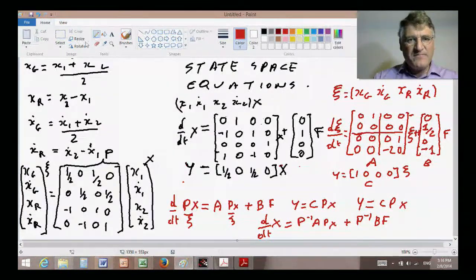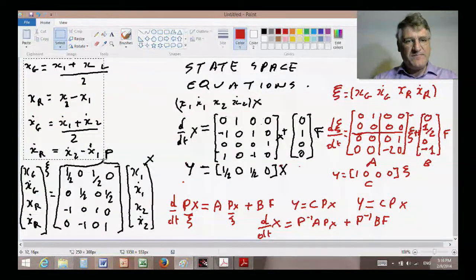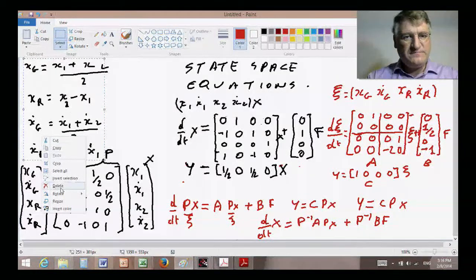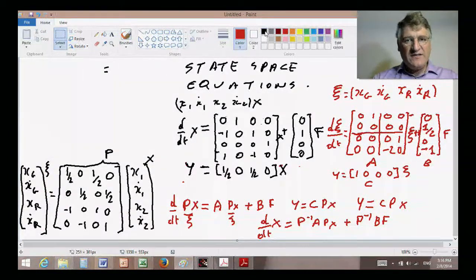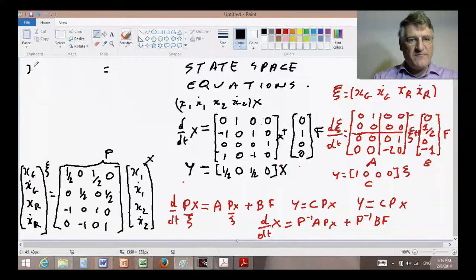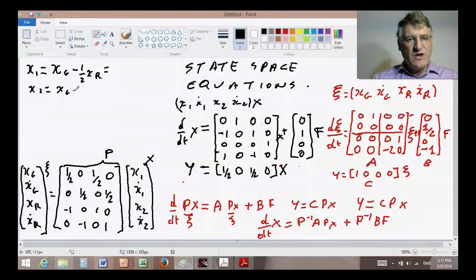I'm going to clear out this part of my board and write that out of common sense, x1 is equal to xg minus 1/2 of xr. x2 is equal to xg plus 1/2 of xr, since xr is the algebraic distance between x1 and x2.